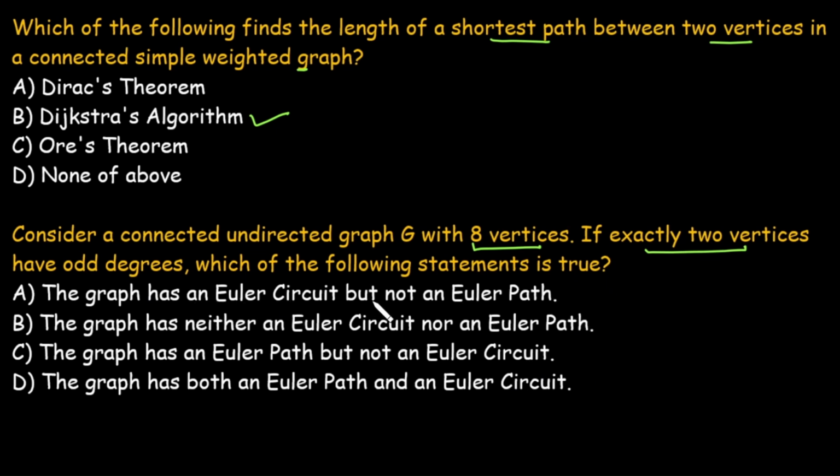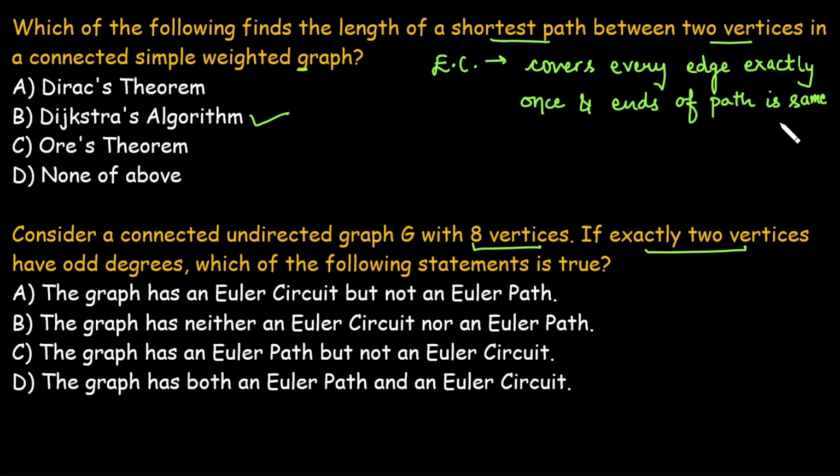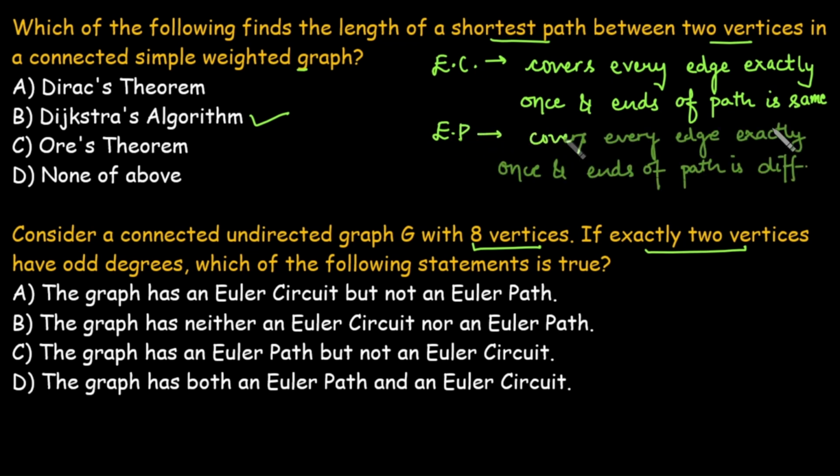Now what does it mean? Euler circuit means we need to find a path that covers every edge exactly once and the end point of the path is the same. Whereas Euler path means we need to find a path that covers every edge exactly once, but the end points are different.